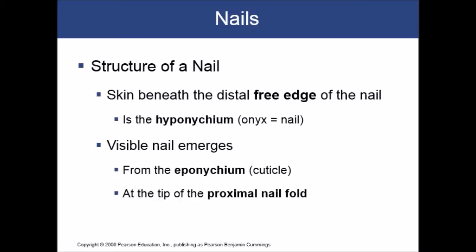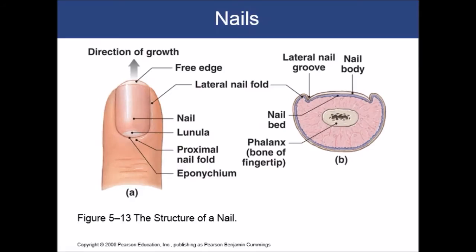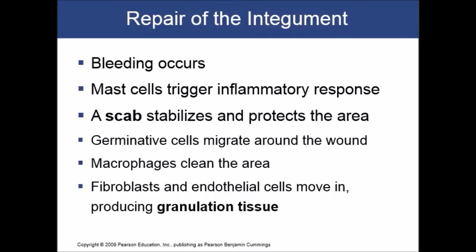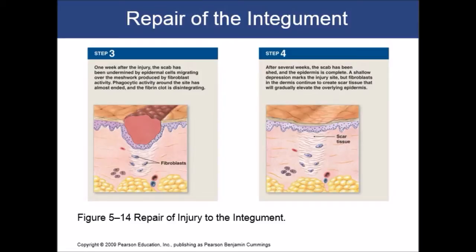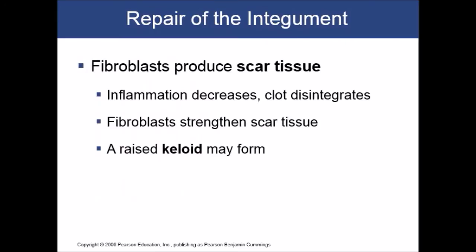For the nail, you need to know these terms. What's hyponychium, what's eponychium, for example. And the process of repair is just simple steps. Bleeding, scab, macrophage and fibroblast, granulation tissue until you repair. What's keloid?